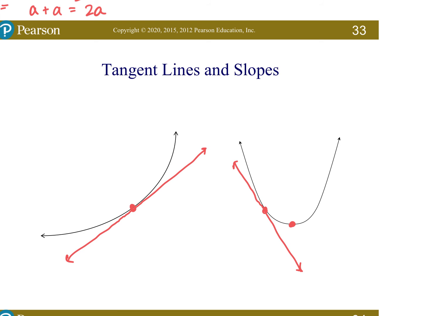What do you think? What kind of slope does it have right there? Well, let's back up. What kind of slope does this equation have? I just mean like direction. It has positive slope because it's going up.